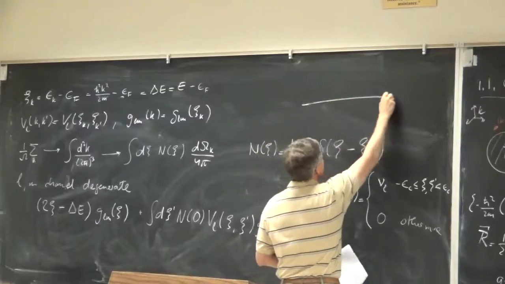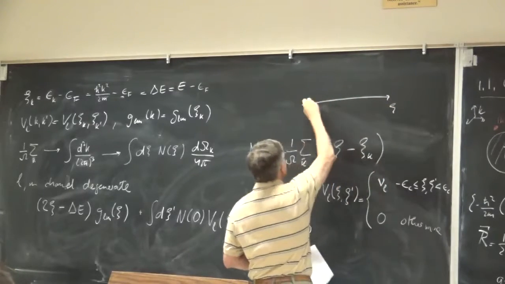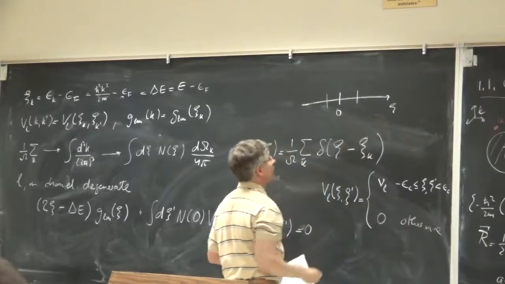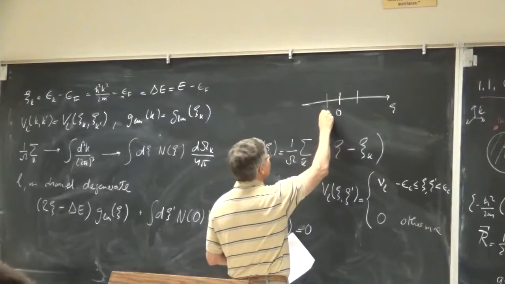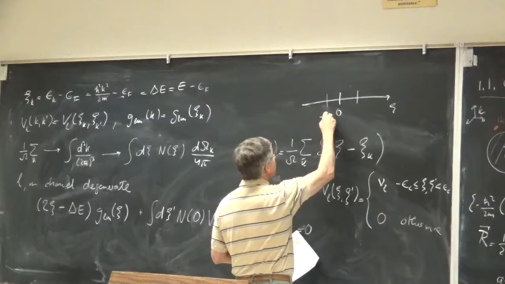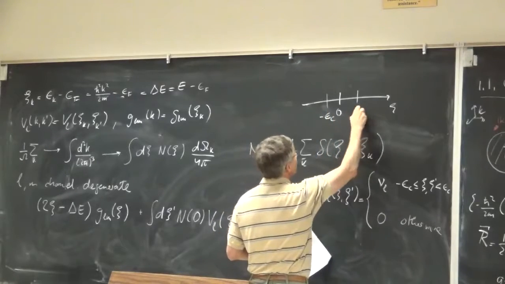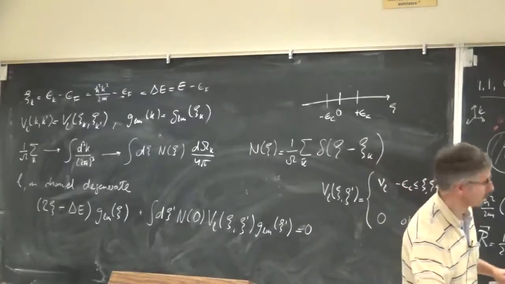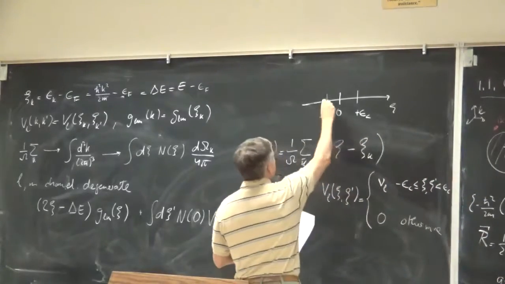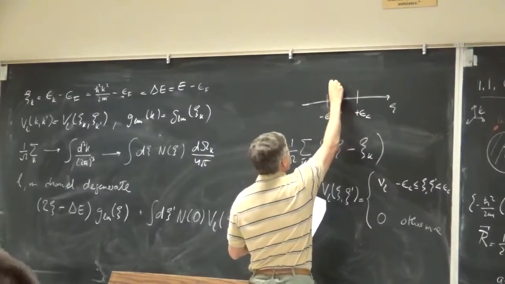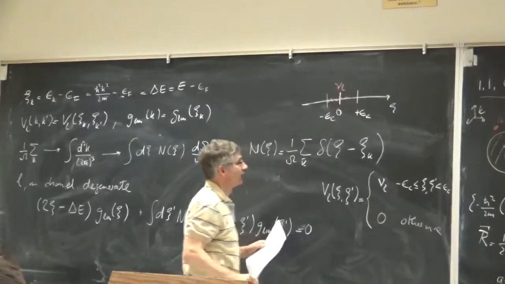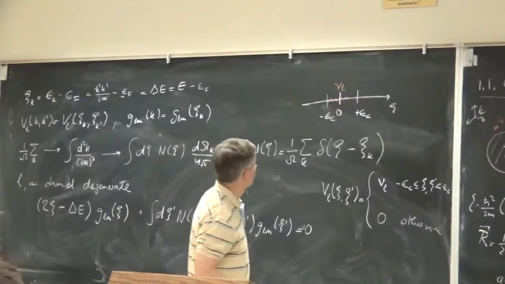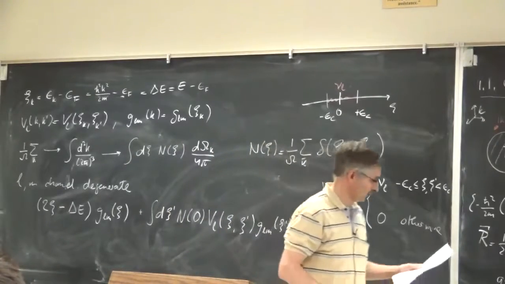If I look at psi here is 0, then I restrict the interaction between these two energies. And so only here we have nu L, a constant value where this is finite and it's 0 outside.